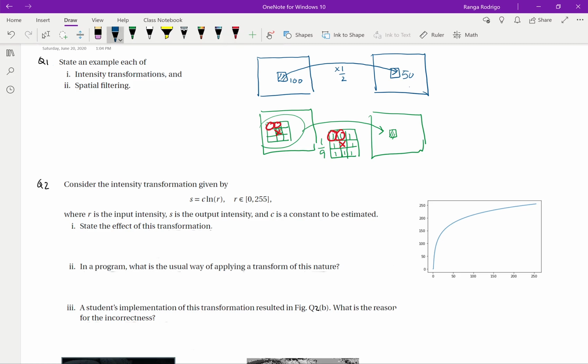So what are examples of these intensity transformations and spatial transformations? In regard to intensity transformations, for example, increase in brightness would be one. Then as a second one, histogram equalization.